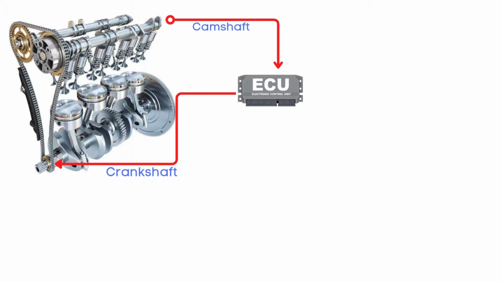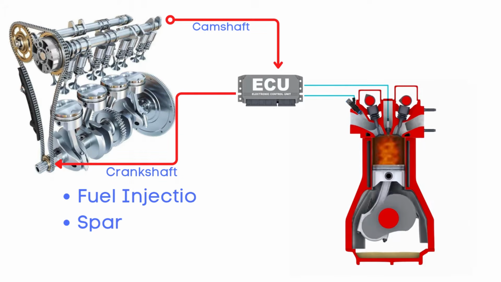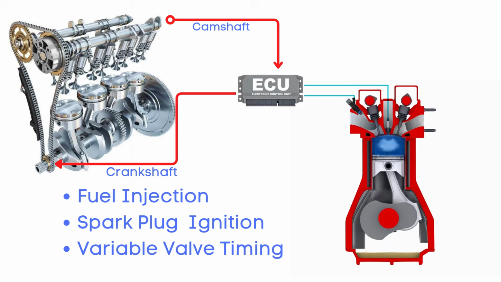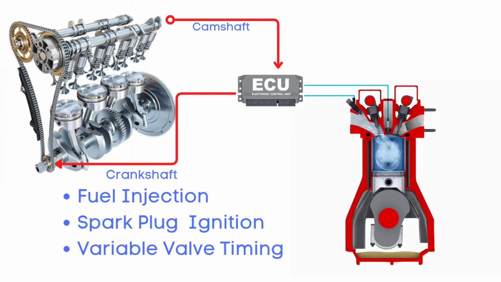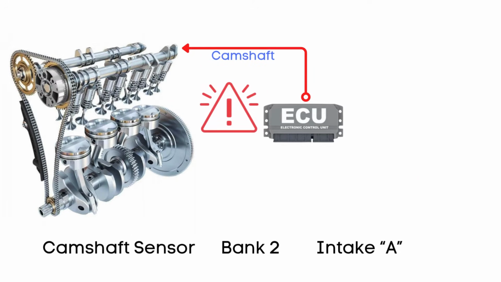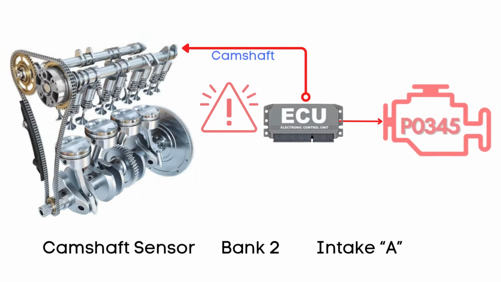With all this data, the ECU can precisely control things like fuel injection, ignition timing, and even when the valves open and close. But if there's a problem with the camshaft position sensor circuit, then the ECU can't get the right camshaft data, and it triggers the P0345 code to let you know something's off.